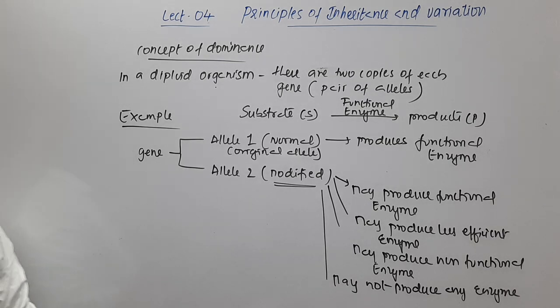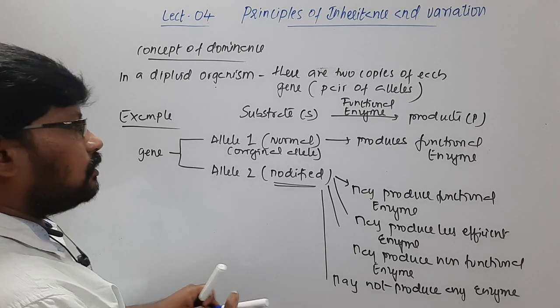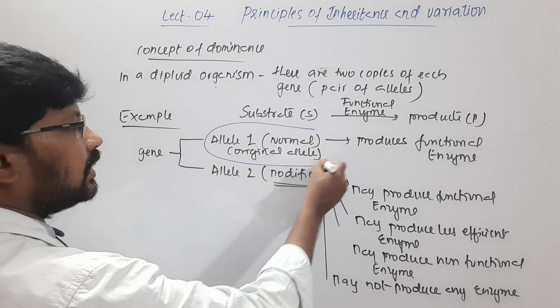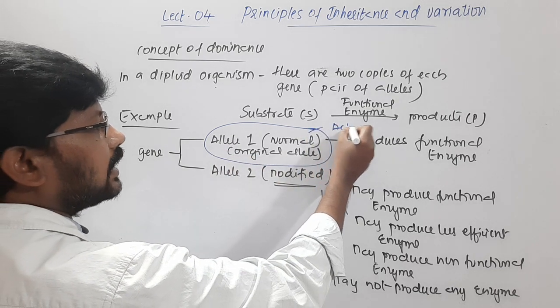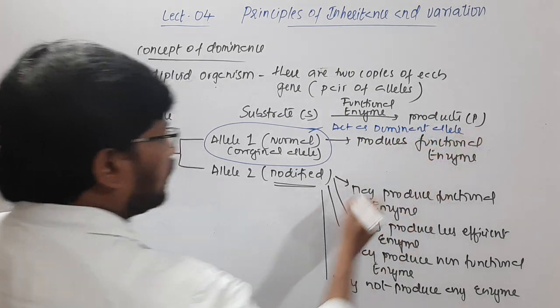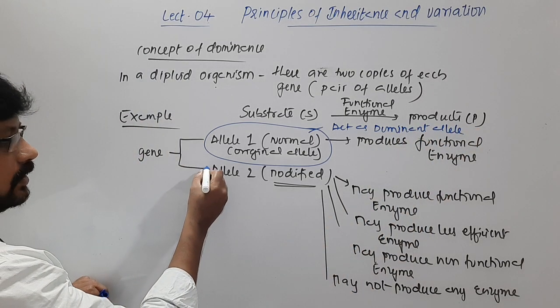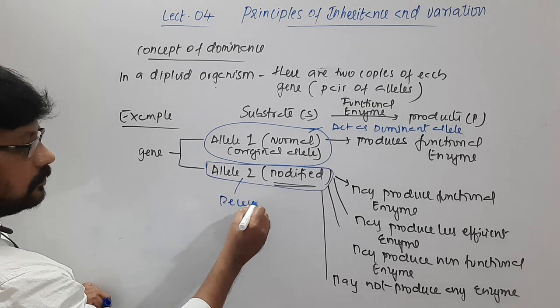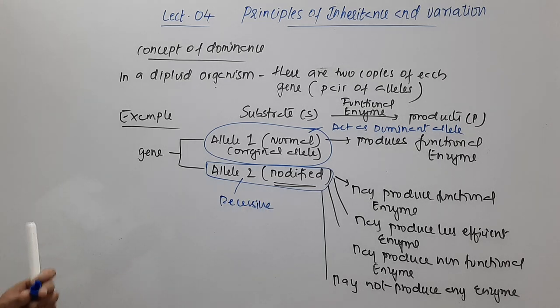The normal, original allele will act as the dominant allele, and the one which is modified will act as recessive. So the original normal gene is the dominant one, and the modified one will be the recessive one.